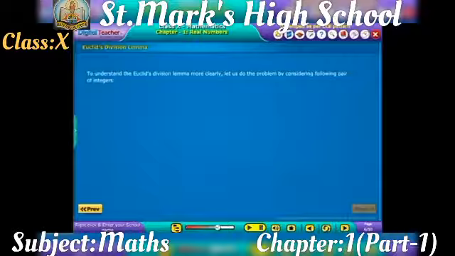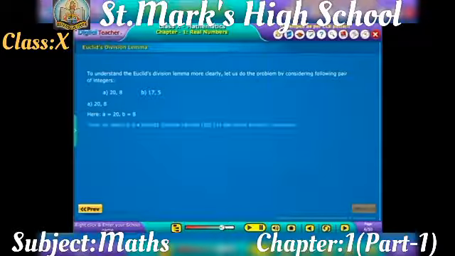To understand Euclid's division lemma more clearly, let us do the problem by considering the following pairs of integers: 20 and 8, and 17 and 5. Consider the first pair, 20 and 8. Here A is equal to 20, B is equal to 8.